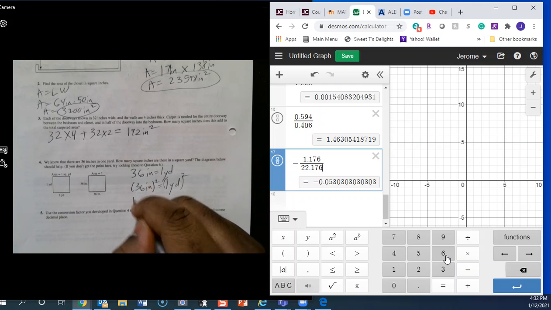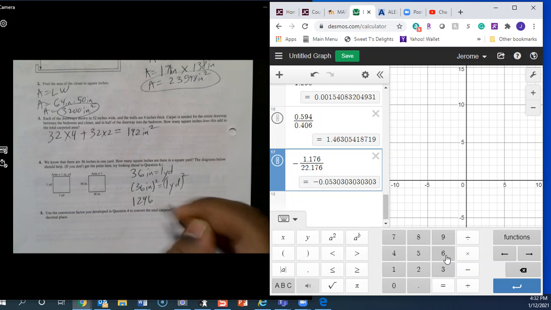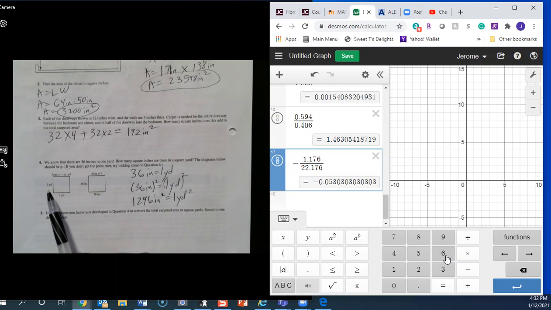And if we do that, that'll give us 1,296 square inches is equal to 1 square yard. Now, when they said that this diagram would help you, 1 yard times 1 yard would be 1 square yard. 36 inches times 36 inches will give you the 1,296 square inches.